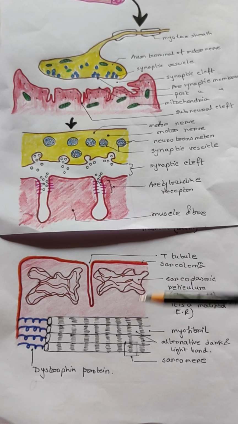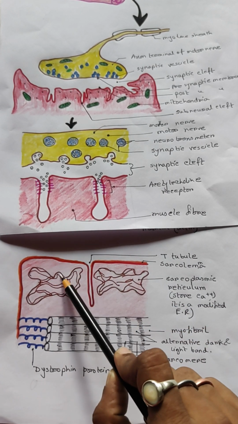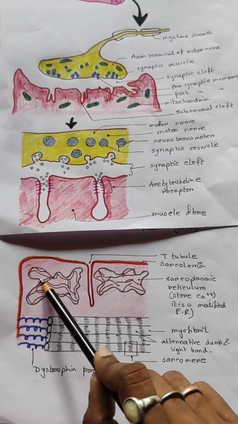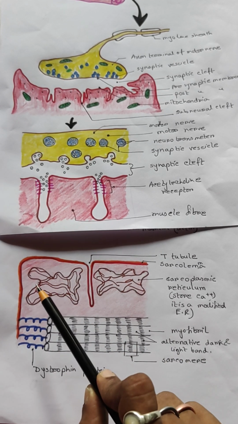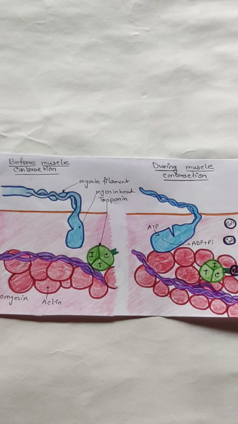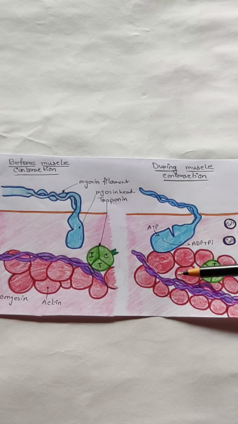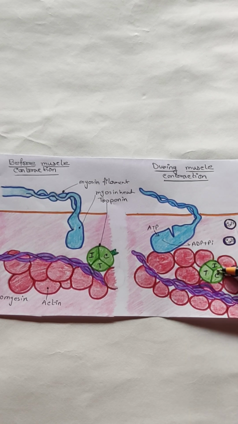So by stimulation, the calcium ion stored in the sarcoplasmic reticulum gets released. When calcium is released, it combines with the troponin, where the calcium binding site is.